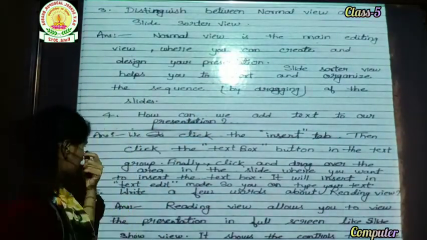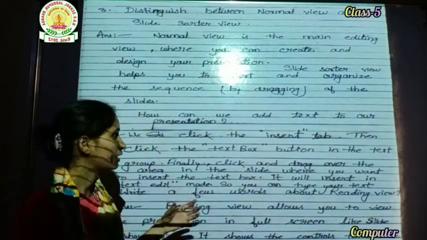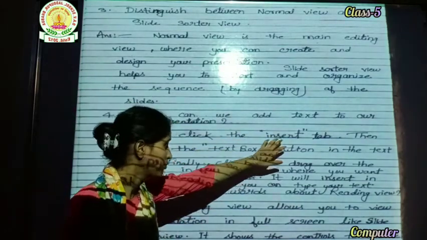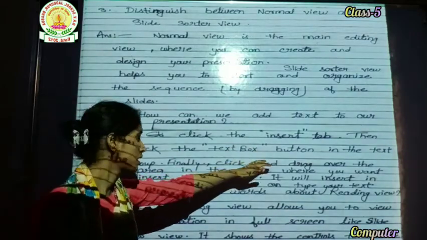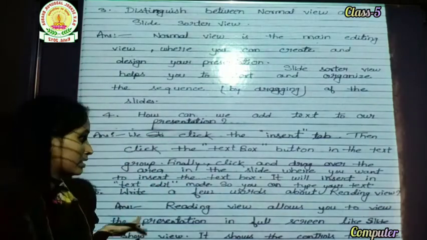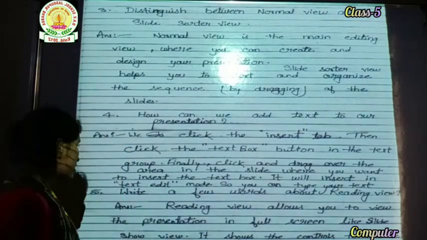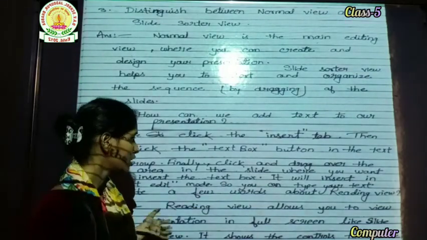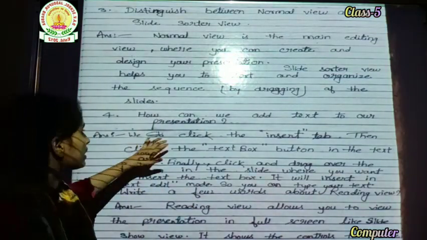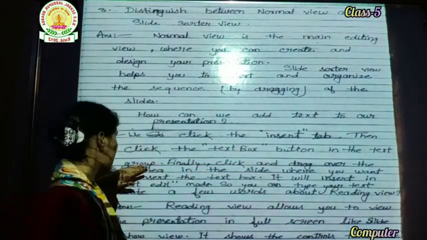The fourth question is, how can we add text to our presentation? The answer is, we click the Insert tab, then click the Text Box button in the Text group.